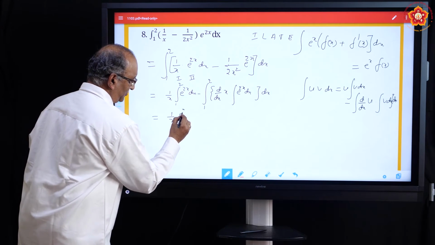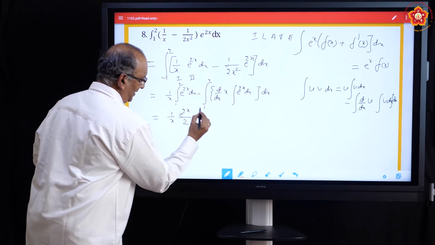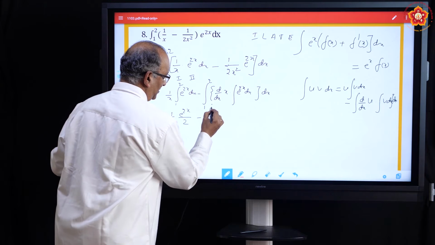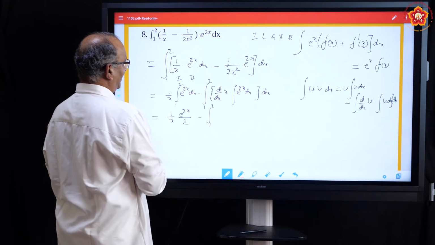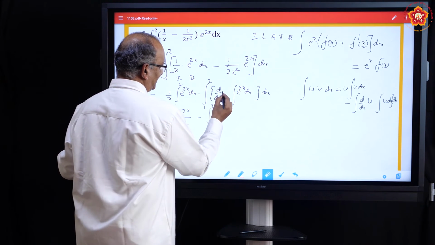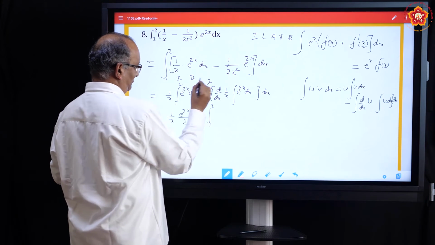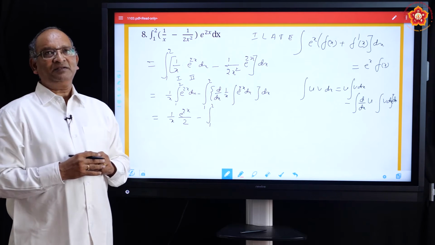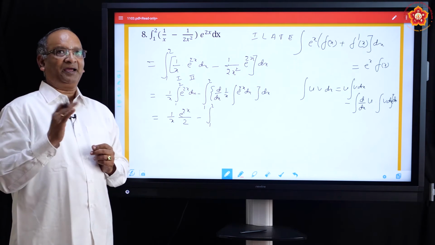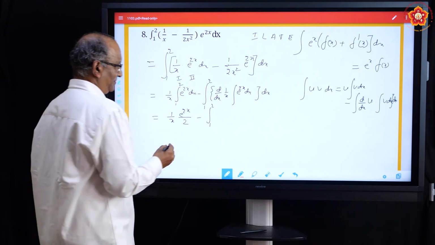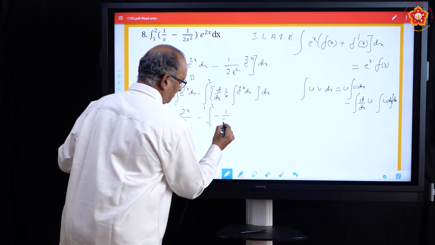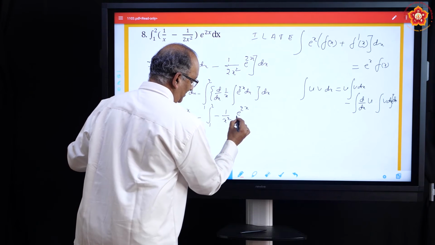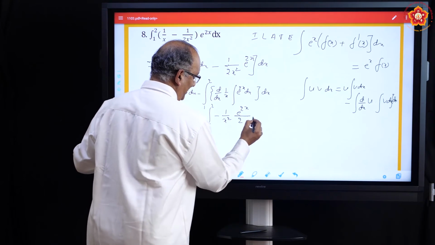It is e to the power 2x by 2 minus integral of d dx of, sorry, it is not d dx of x, it is d dx of 1 by x, because 1 by x is the first function. So how do you differentiate 1 by x? We take it as x to the power minus 1. What is derivative of x to the power minus 1? Minus 1 by x square. And then for e to the power 2x, it is e to the power 2x by 2 dx.